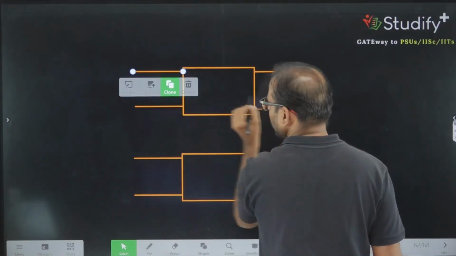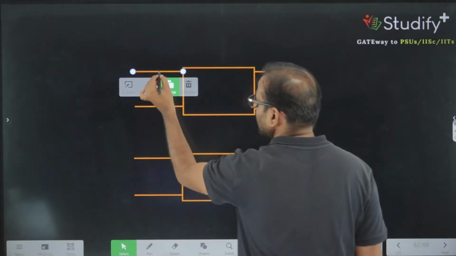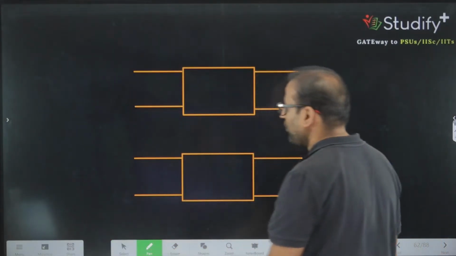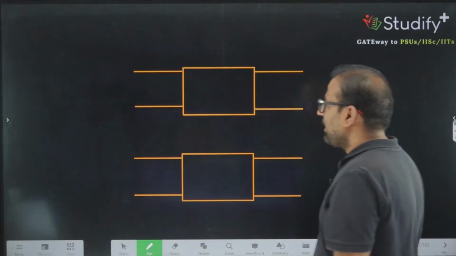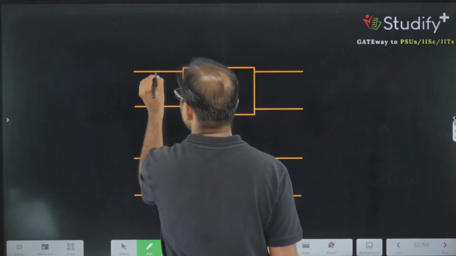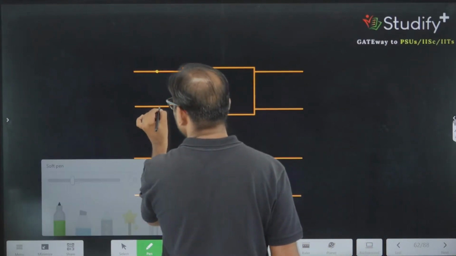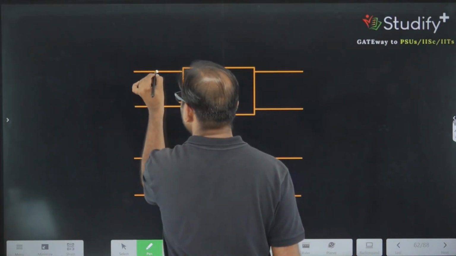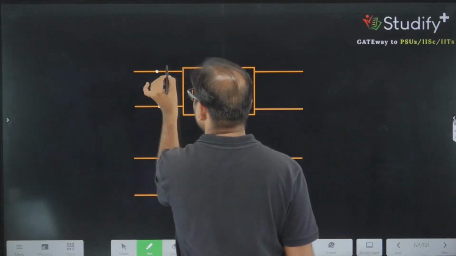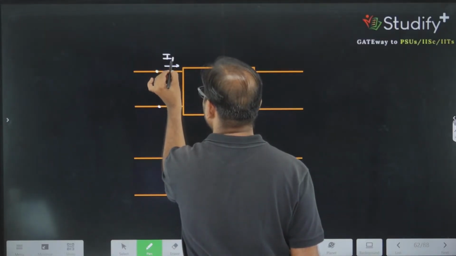This is two port networks. These are two port networks, correct? And I am calling this voltage as V1 prime, and I am calling this current as I1 prime.